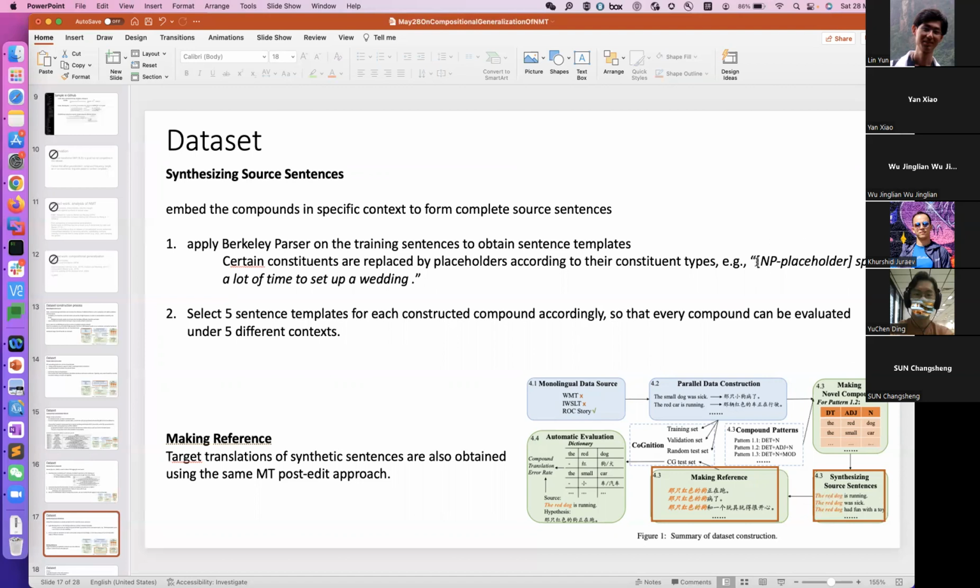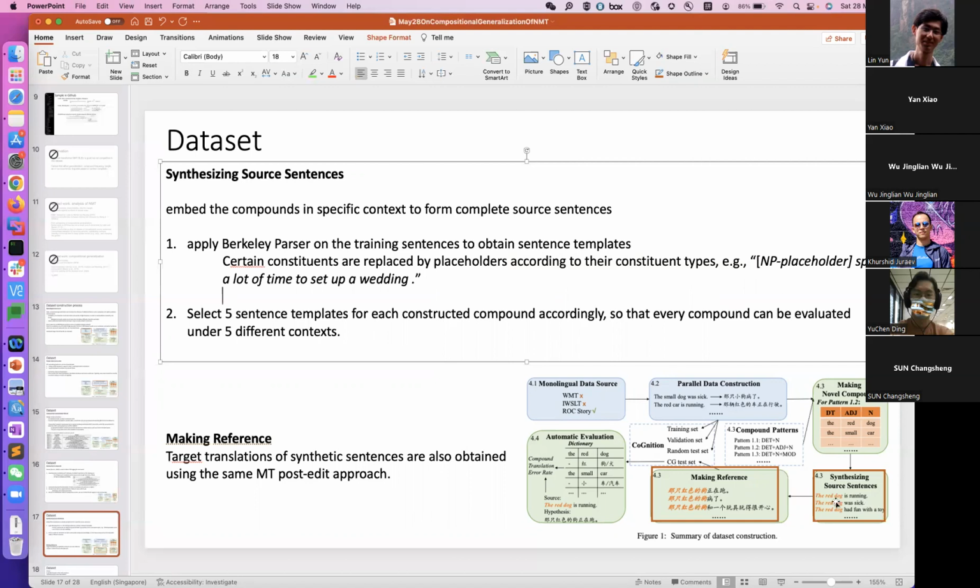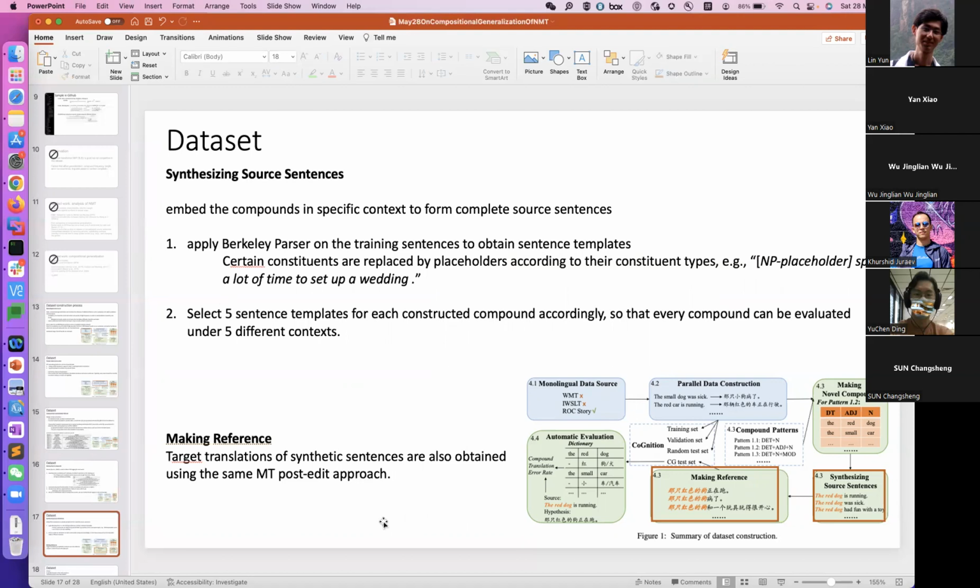Then you choose 5 templates like this, and you create 5 new test sentences. So there are 3 levels of data: atoms, compounds, and sentences. They replace a word or a component in a sentence with the compounds in the training data set. This is what they're doing now.